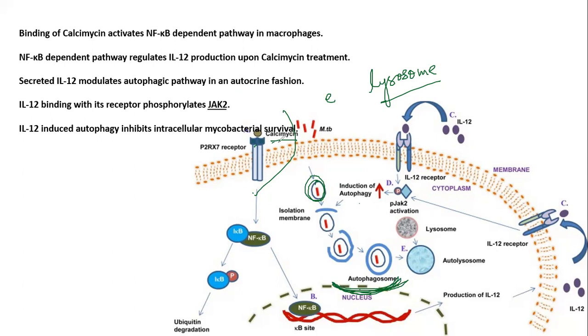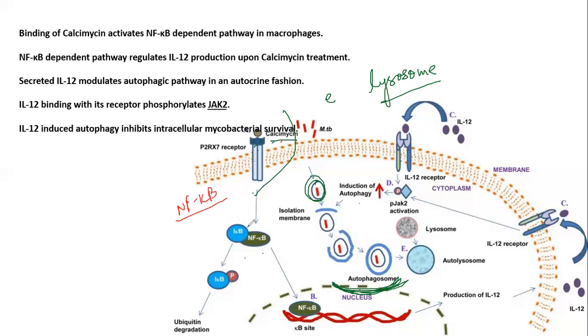Here, when calcimycin treatment is given, it binds to its receptor and activates your NF-kappa B pathway. Now, what is happening here? Pay attention. It's actually multiple signaling happening together. So when calcimycin binds to its receptor, the NF-kappa B pathway gets activated.